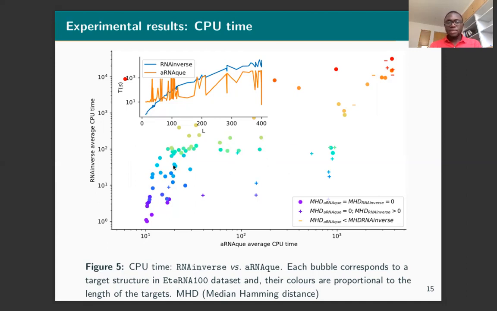We can see downstairs the plus that shows the sequences that aRNAque was able to design in a short amount of time compared to the average time needed by RNA Inverse, and fewer sequences were designed by RNA Inverse that were not designed by aRNAque.